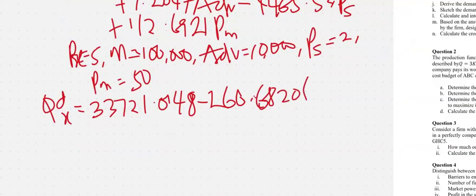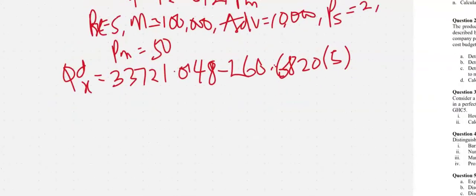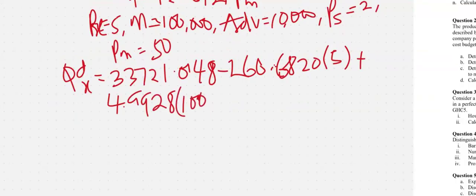Times PX, which is 5, plus 4.9928 times 100,000. Is that consumer income? Yes, that's income. What else? Plus 7.2047.